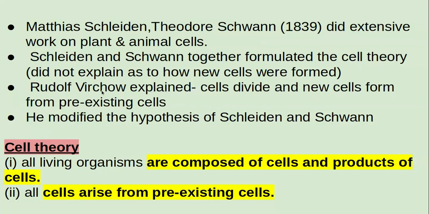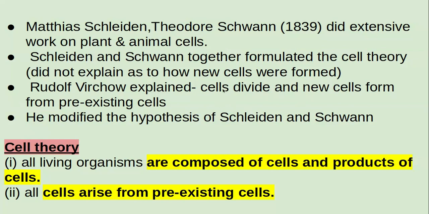It was much later another scientist by the name Virchow, however you want to pronounce it, Rudolf Virchow, he explained that it is what Schleiden and Schwann were trying to express and to explain through their work.